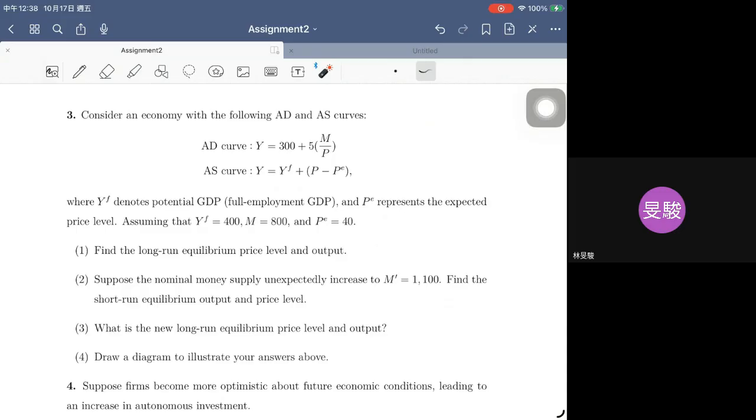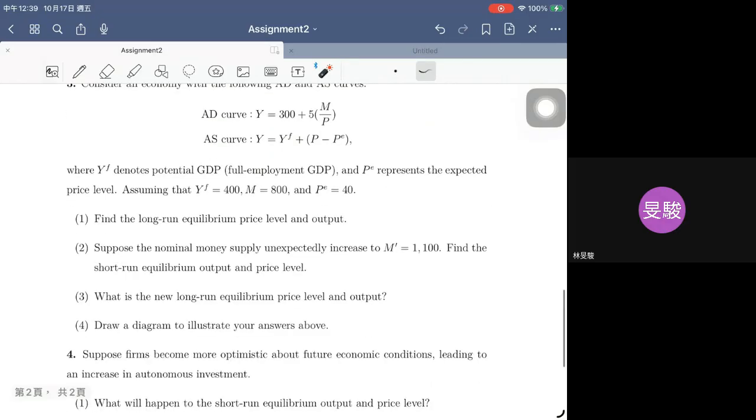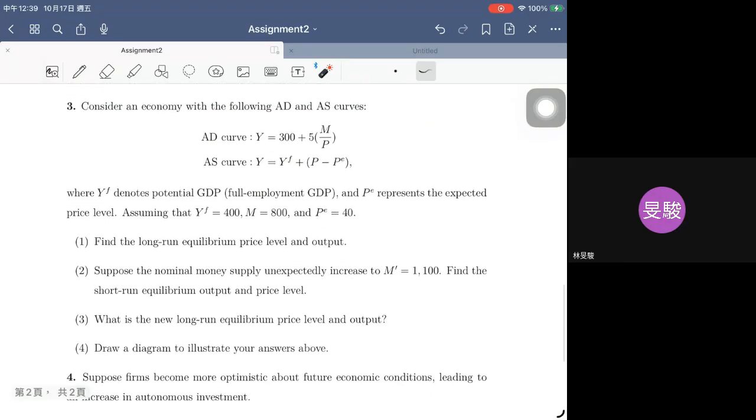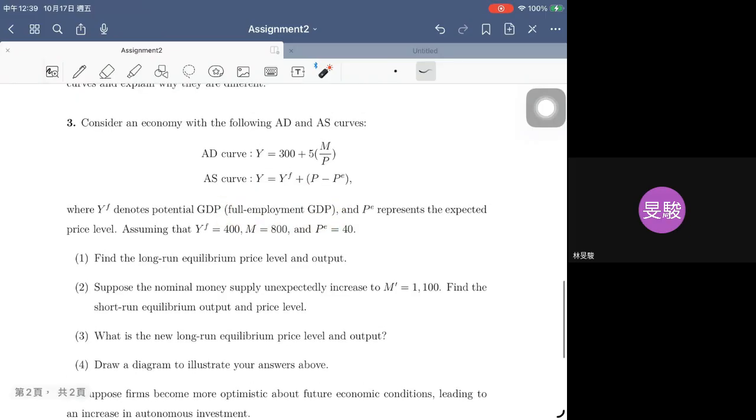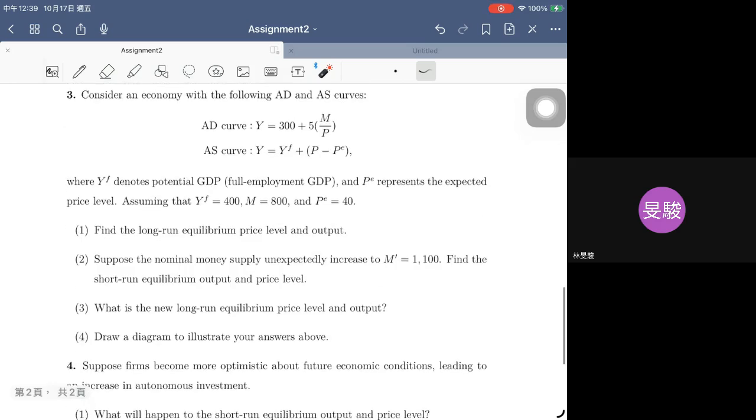Consider an economy with the following AD and AS curves. The AD curve is y equals 300 plus 5 times M over P, and the AS curve is y equals YF plus P minus PE, where YF denotes potential GDP, or full employment GDP, and PE represents the expected price level.